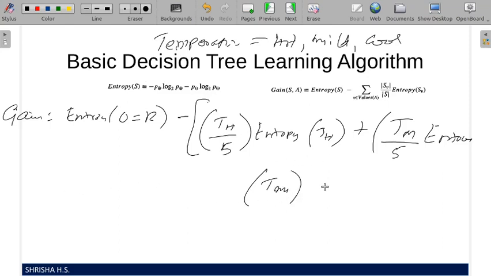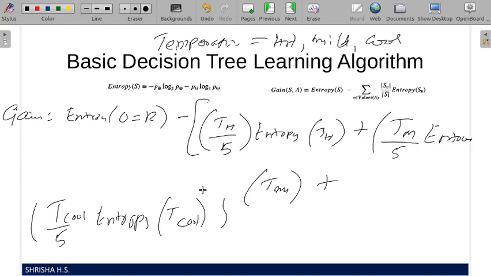Plus, out of the 5 instances, temperature is cool, multiplied by the entropy where outlook equal to rain and temperature equal to cool. So we have to calculate the entropy for hot, mild and cool whenever the outlook was rain.